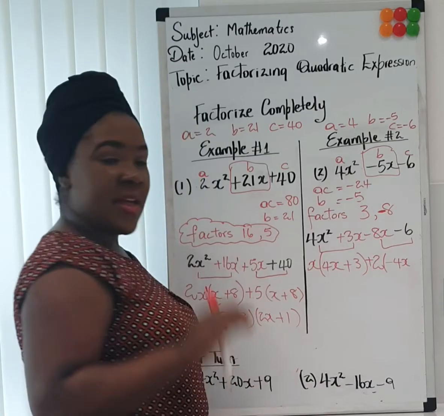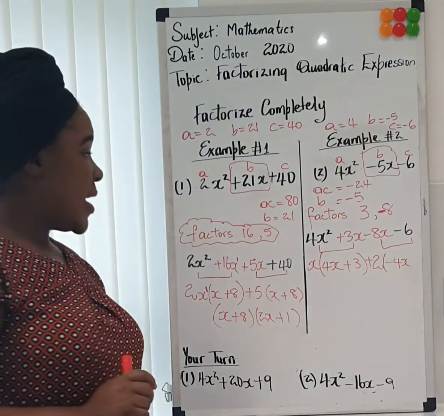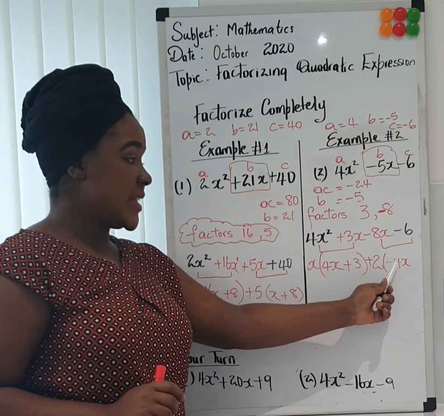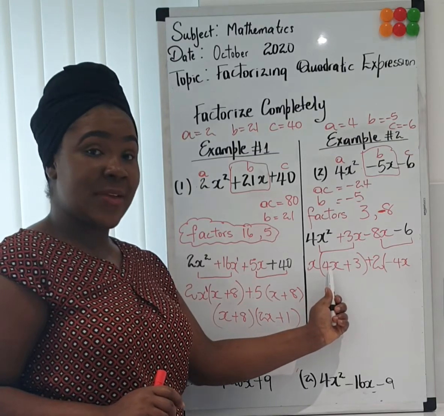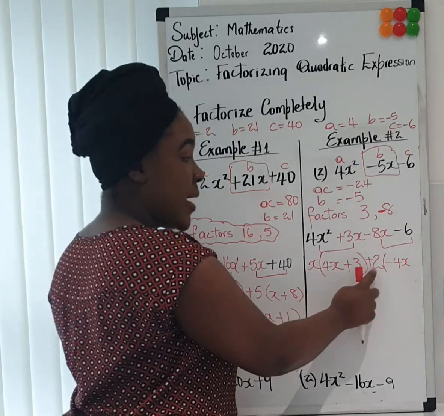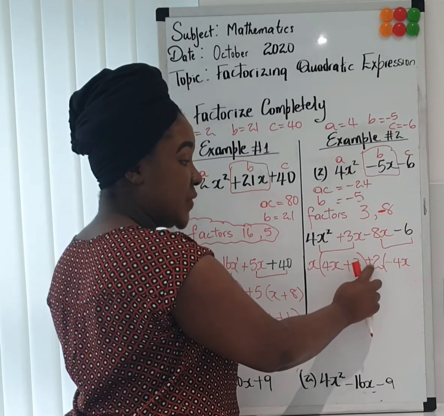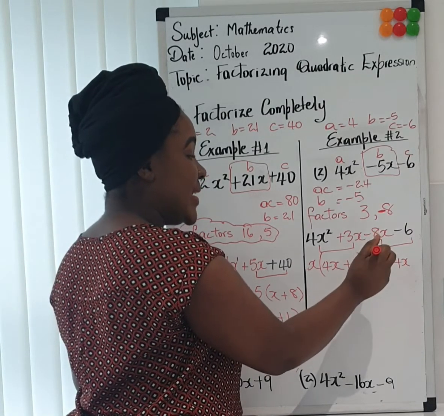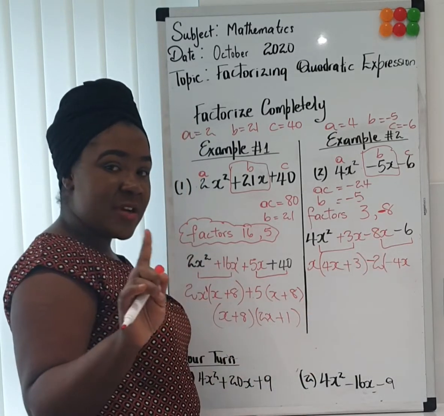The moment I've done that, I realize that this is saying negative and that is saying positive, so something is wrong. Let me go ahead and change from dividing by positive 2 to dividing by negative 2. So the error is the sign.